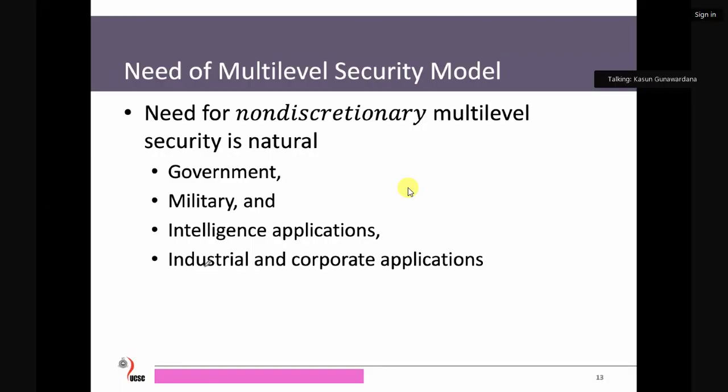Just imagine government secrets, military secrets, intelligence applications. Such environments require very strict access control mechanisms to ensure the security of the data that they are handling.